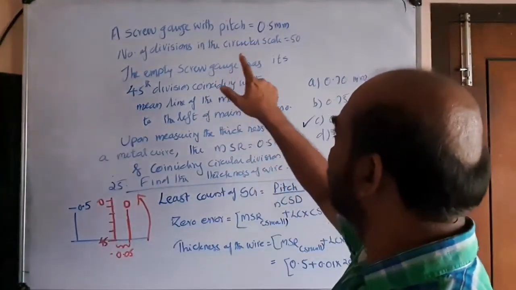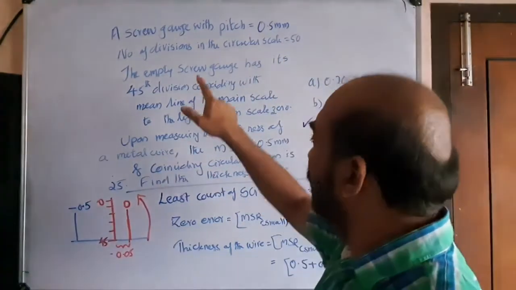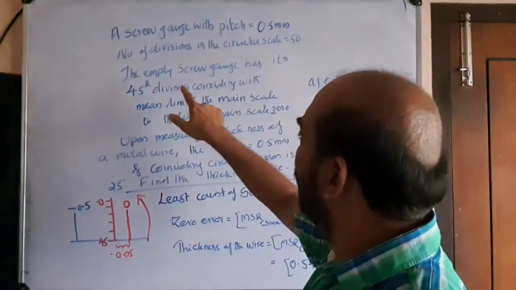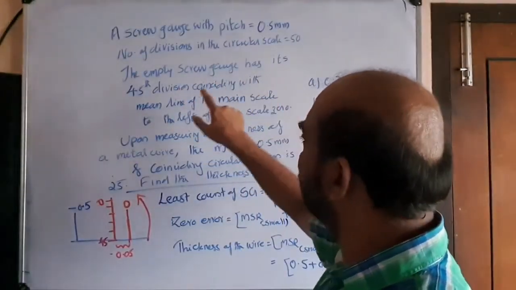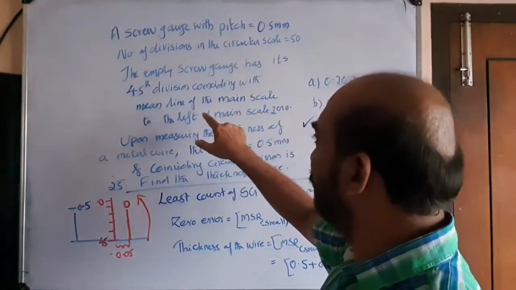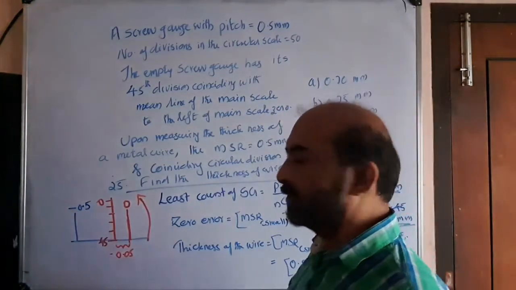A screw gauge with a pitch of 0.5 millimeter. Number of divisions in the circular scale: 50. The empty screw gauge has its 45th division coinciding with the main line of the main scale, to the left of the main scale 0.